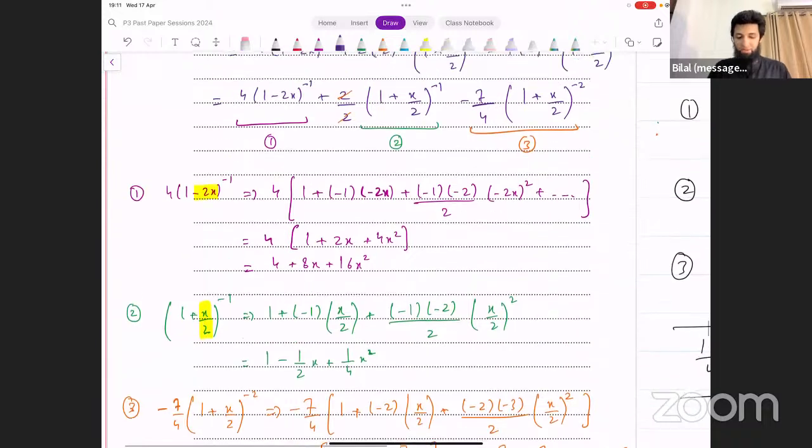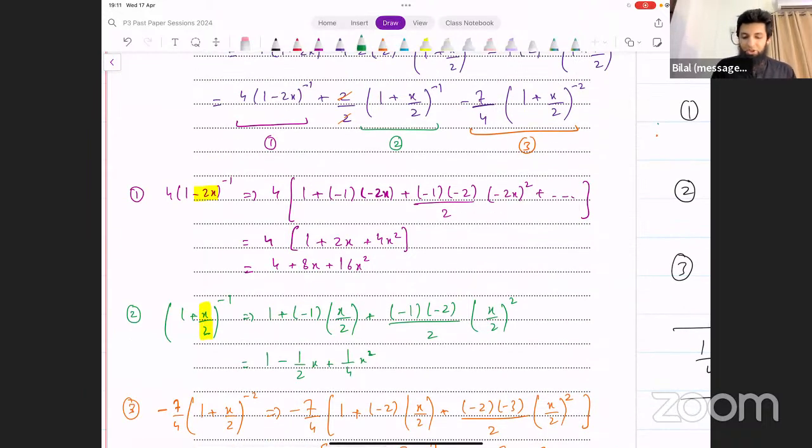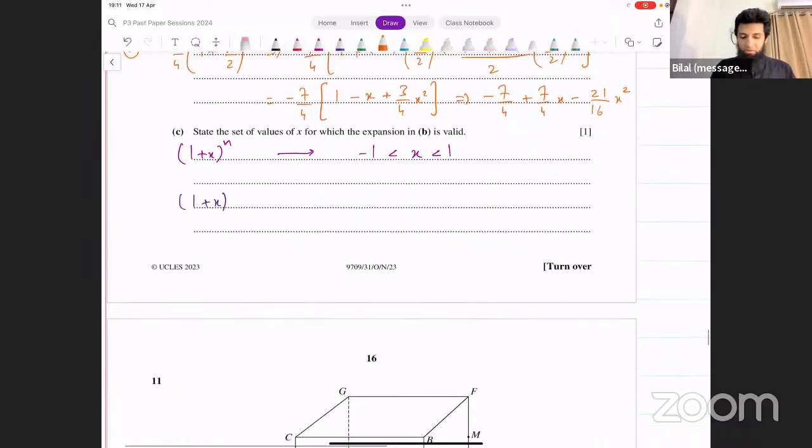Okay, so now that is interesting because we've got 3 different expansions here. We have one expansion that has minus 2x. We have one expansion that has x over 2 and x over 2. Now there are 2 different kinds of terms that we're getting here. We've got 2x and x over 2. So we have to consider both of them.